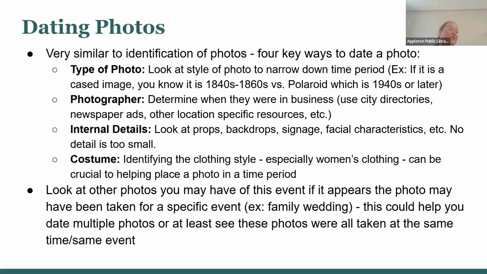Again, those internal details, those props, those backdrops, any signage, any facial characteristics. Again, no detail is too small. If you are really hardcore about dating stuff and identifying stuff, looking at all the little details, even using a magnifying glass sometimes to pull out some of those details. And again, that clothing style, so especially those women's clothing, that can be really helpful in placing it in a certain time period.